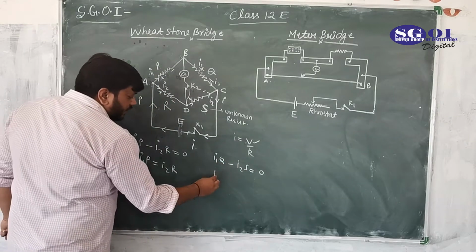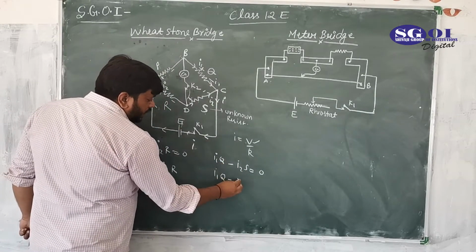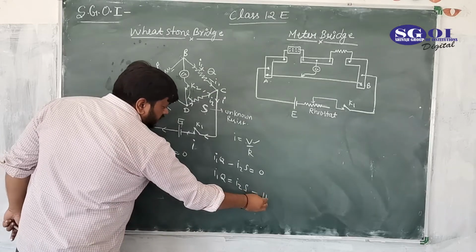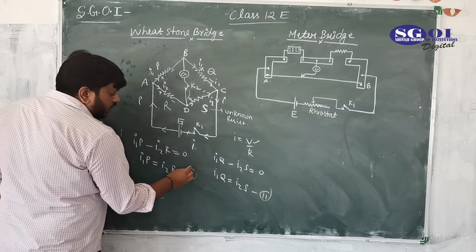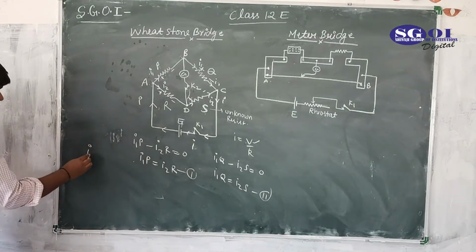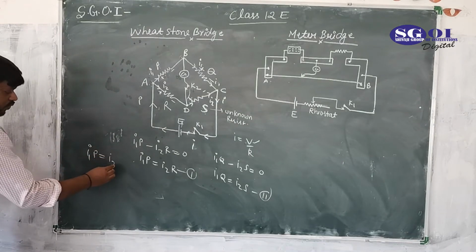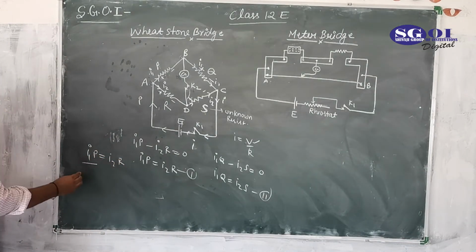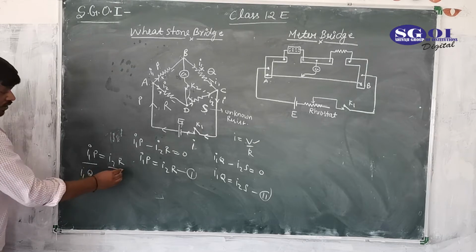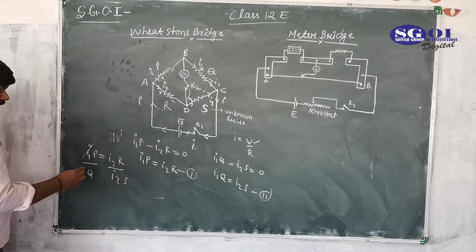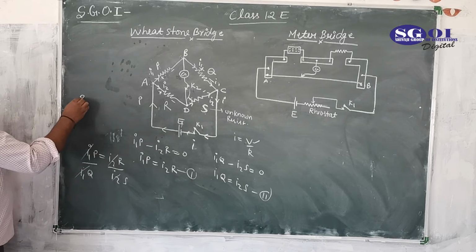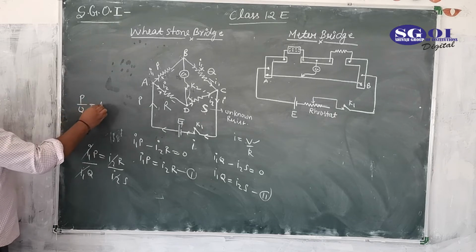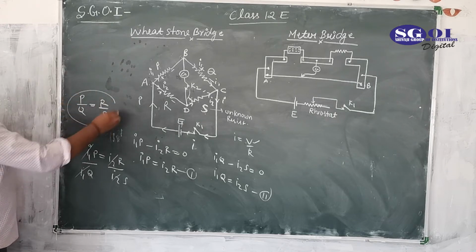And we can say I1Q equals I2S. This is equation second, this is equation first. On dividing these two equations, I1P equals I2R on the LHS, and I1Q equals I2S on the RHS. I1 and I2 cancel out. It means P upon Q equals R upon S.